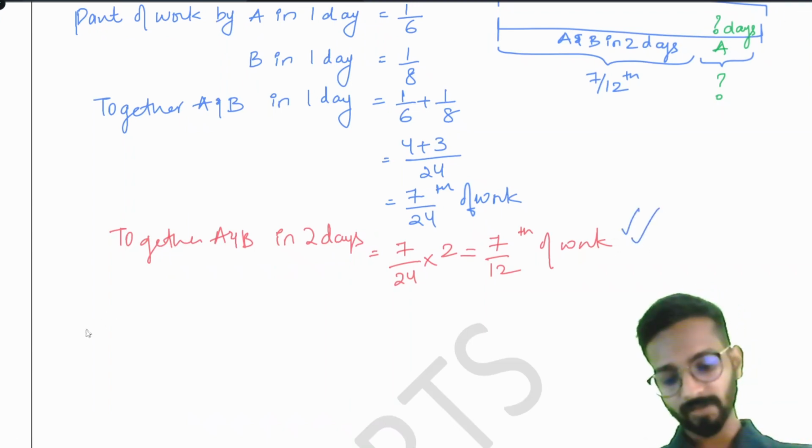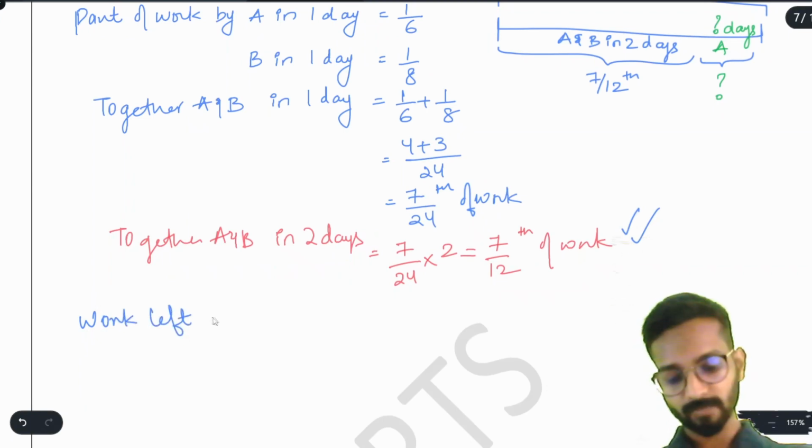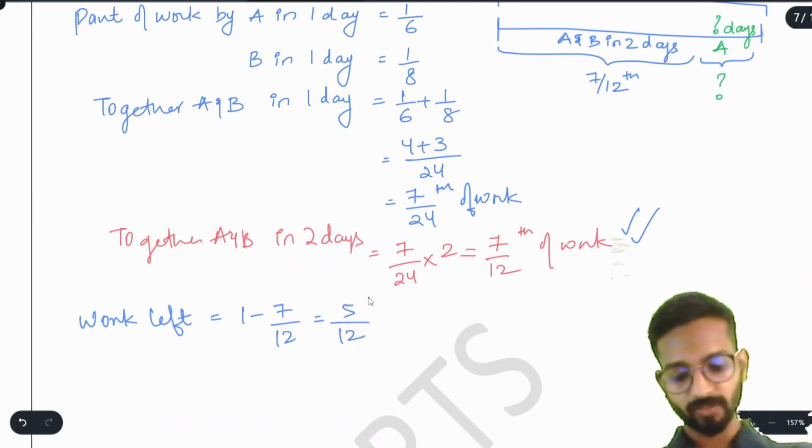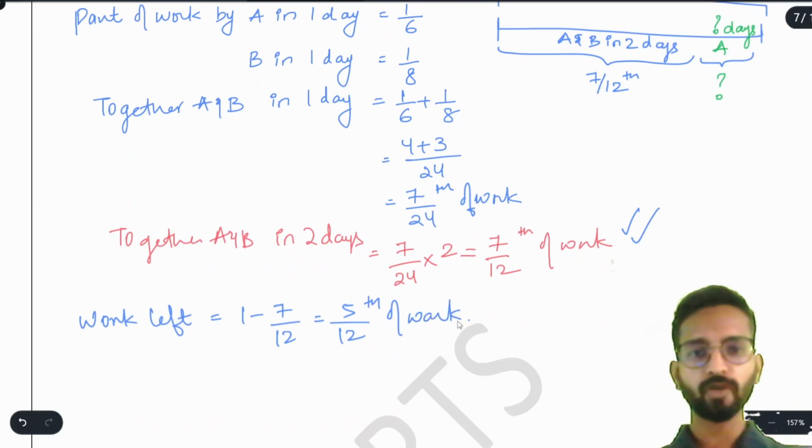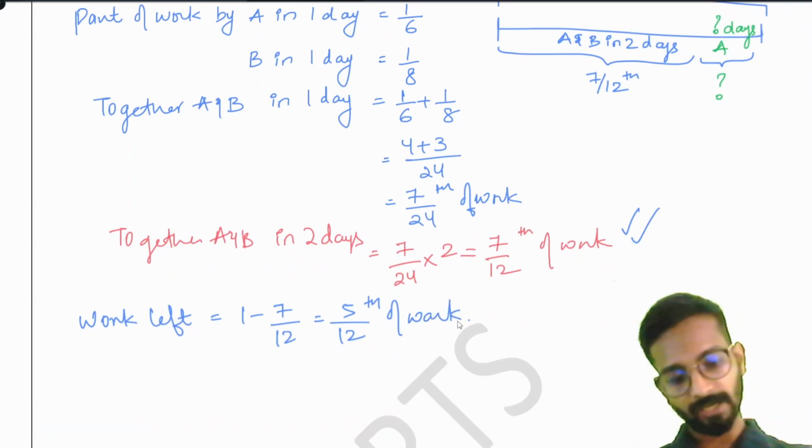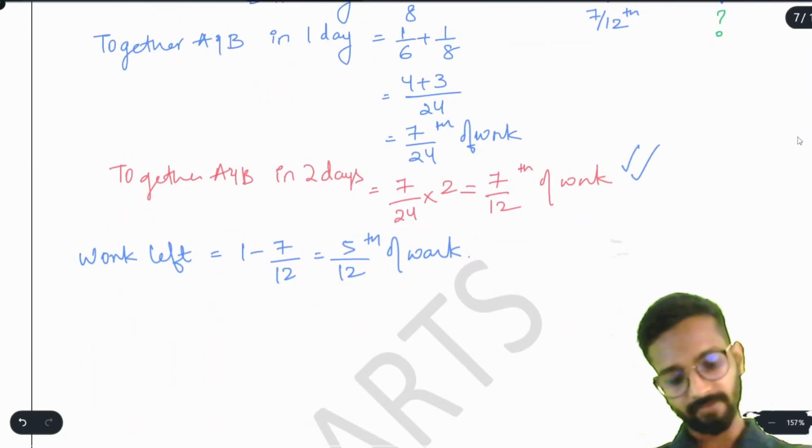So work left is how much? 1 minus 7 by 12, because 7 by 12 is done. 5 by 12th of work is left. Who will do it? Only A will do it, because B has already left.